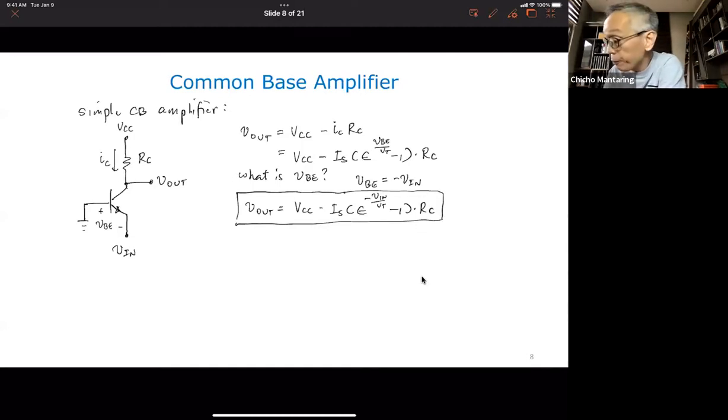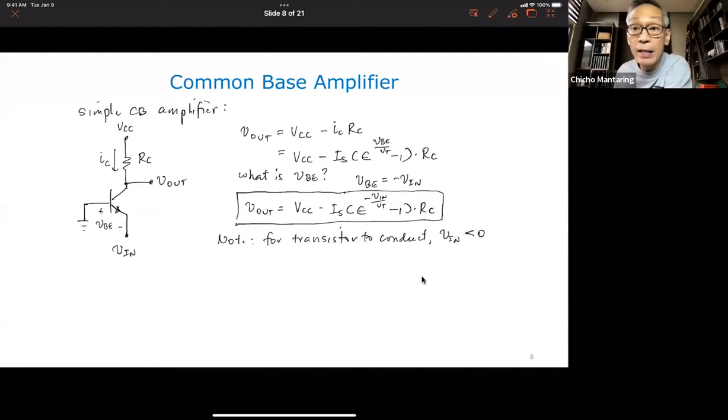Okay, note that for the transistor to conduct, V in must be less than 0.